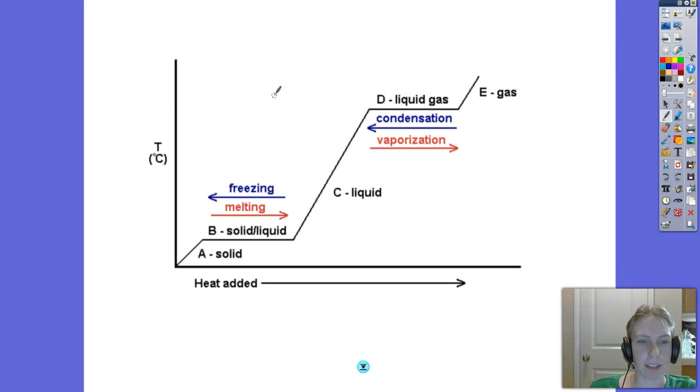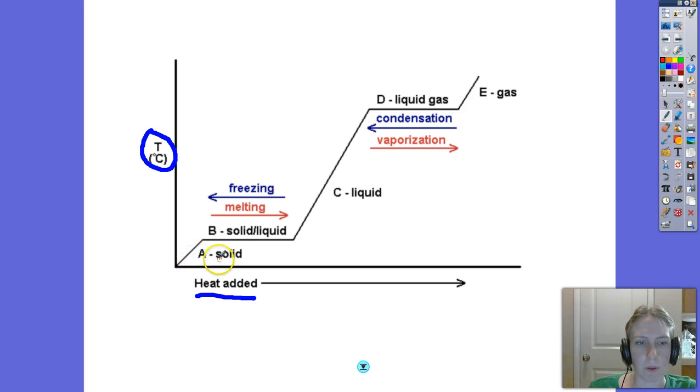Here's another phase diagram, and this one you'll see quite a bit. It's really important. And this one's not looking at temperature versus pressure. This is looking at the heat that you've added versus the temperature. So we have temperature in degrees Celsius and the heat added. So this one is for, we'll say, water.